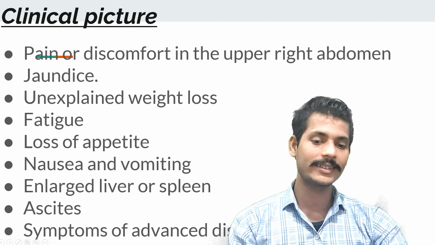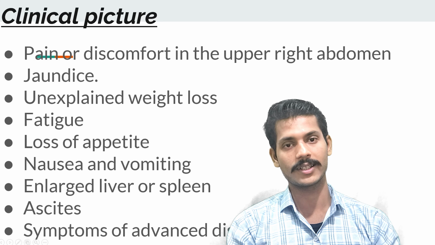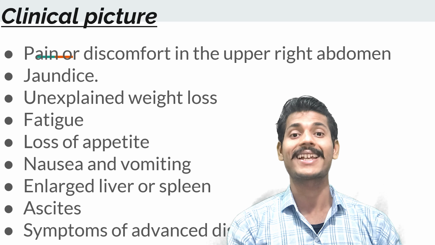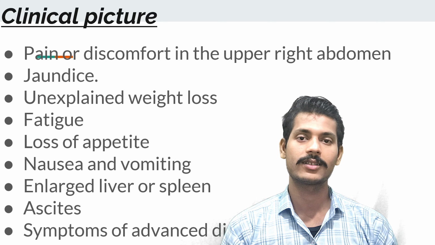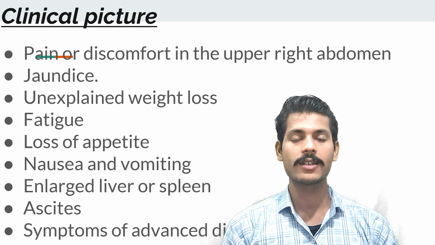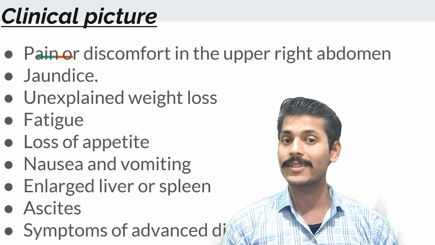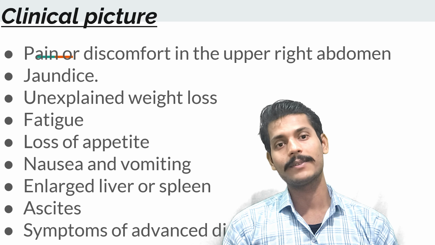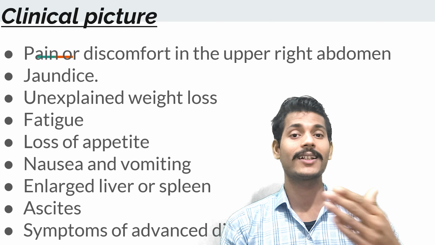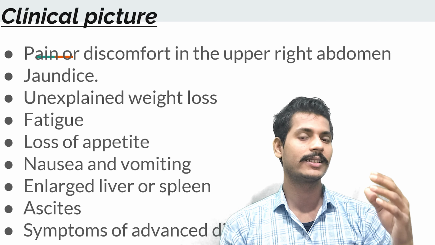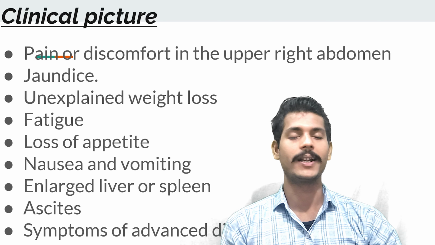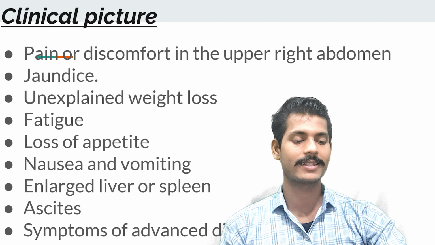And there are other symptoms of advanced disease, such as secondary liver carcinoma, meaning the cancer is not localized only to the liver. Now it starts spreading to other parts, and wherever it goes, it imposes certain signs and symptoms, called symptoms of advanced liver cancer.